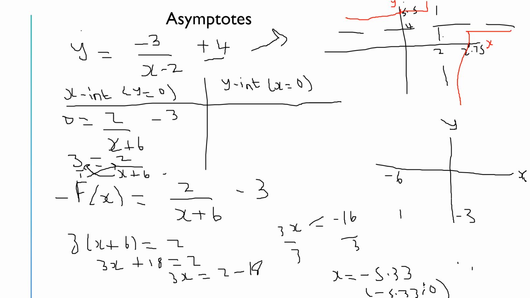And then to find the y-intercept now, remember x must come back as 0. So it will be y is equals to, and we've got 2 there. X must be 0, which will be 0 plus 6 and then minus 3. So that will be 2 over 6.